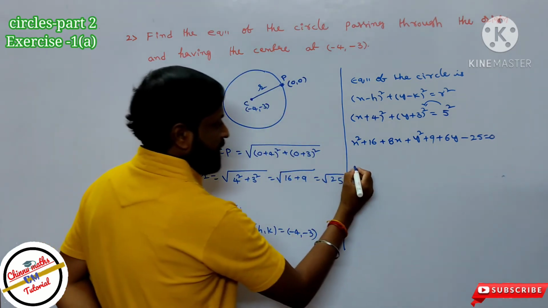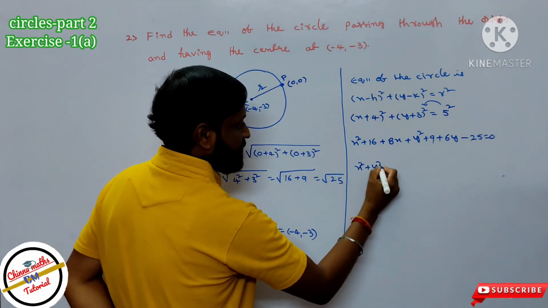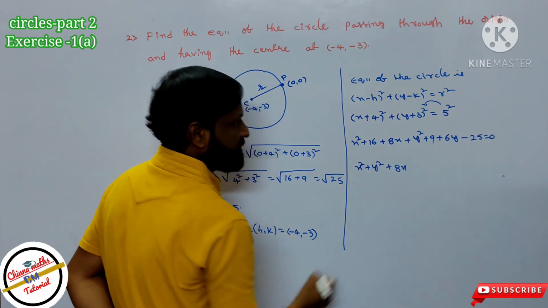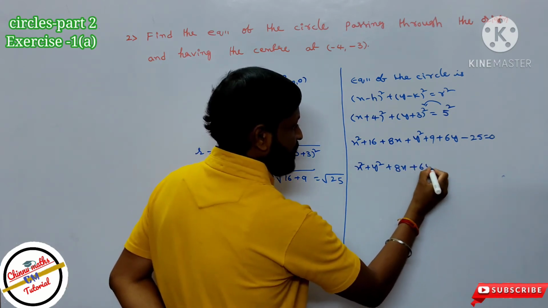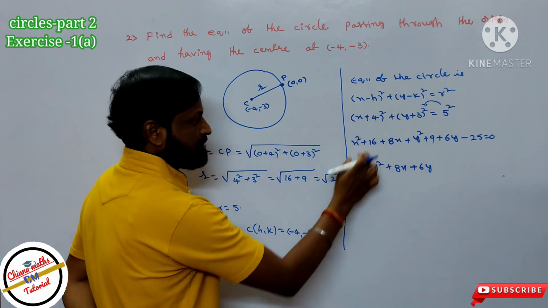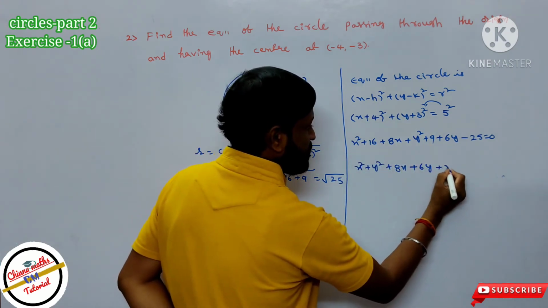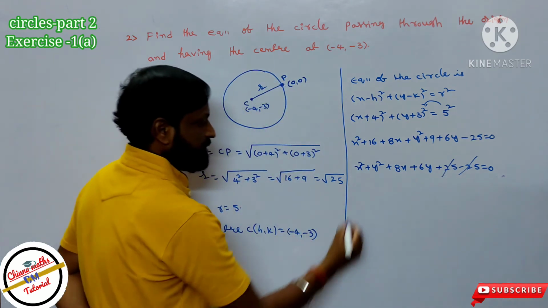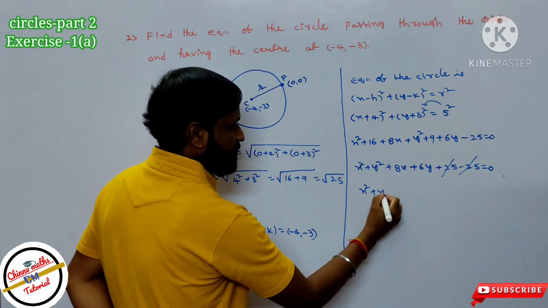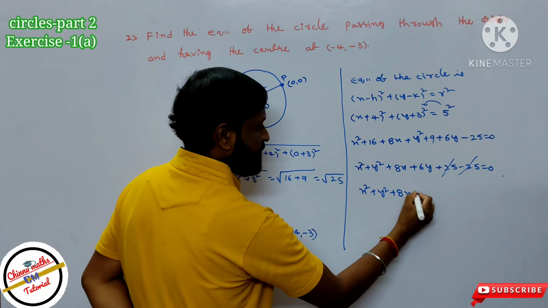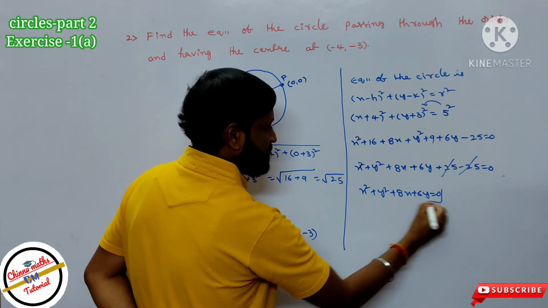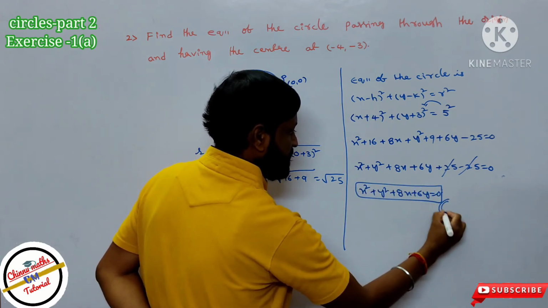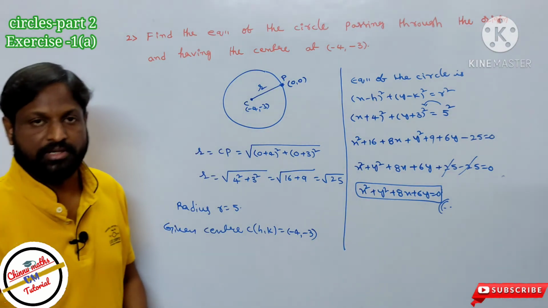Write in order x square plus y square, after that 8x, then 6y, then calculate the constant values 16 plus 9 plus 25 minus 25. So then both get cancelled. So you can write x square plus y square plus 8x plus 6y equals 0. This is the required equation of the circle.